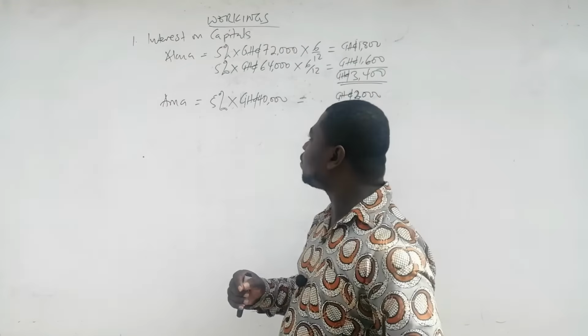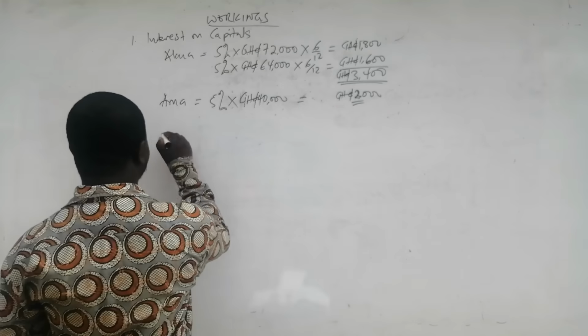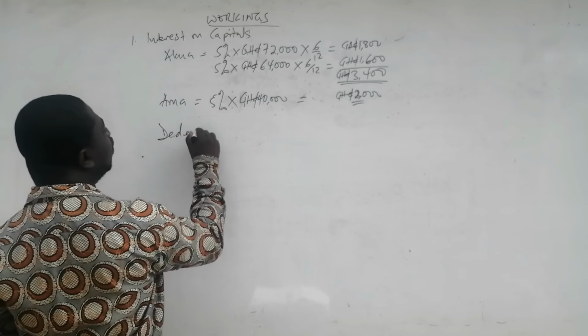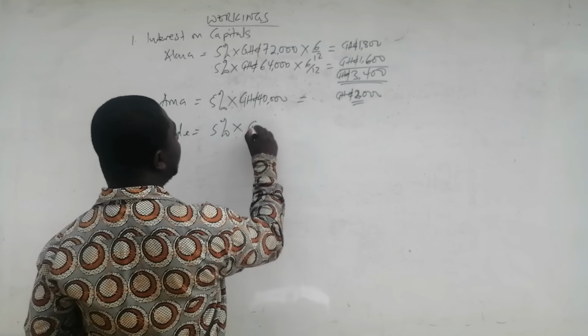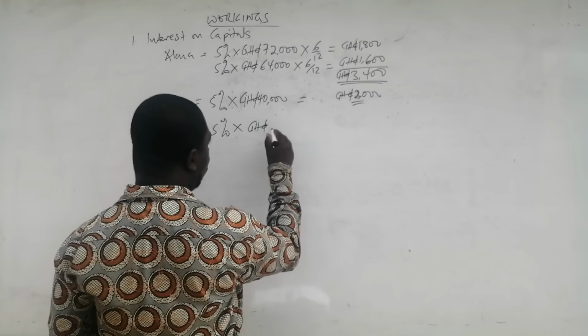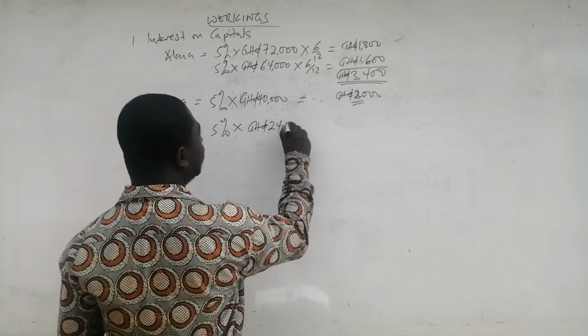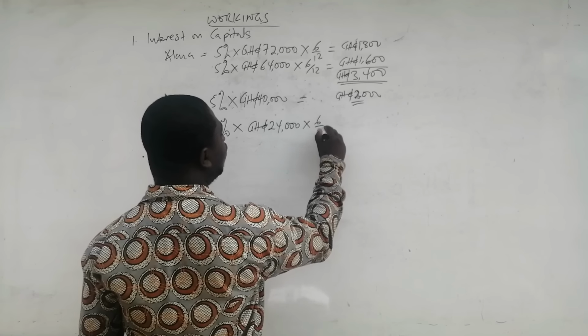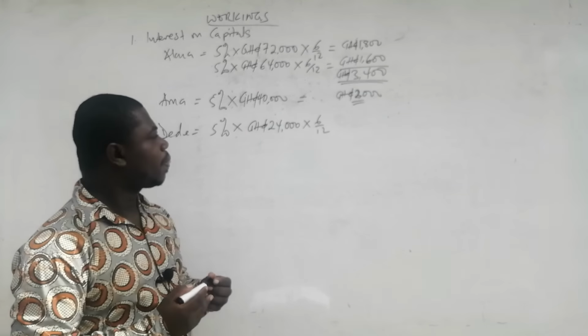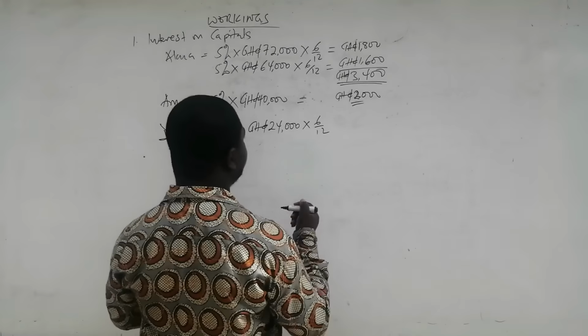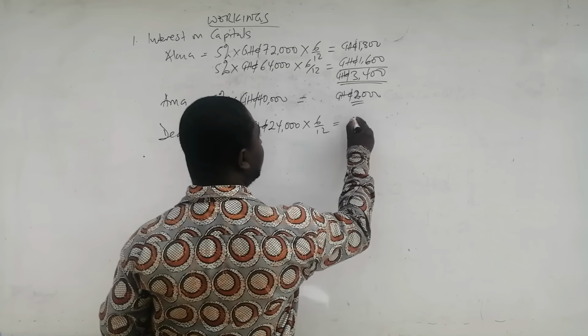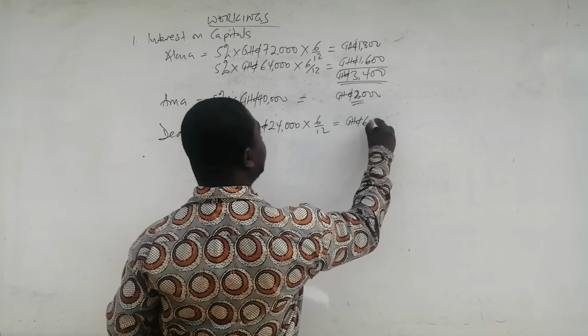That is 30,000. And so the same procedure that we use to calculate for Ama, we are going to use for Dede. For the first 6 months, it will be 5% of 24,000 times 6 over 12, which is going to give us 600 Ghana cedis.